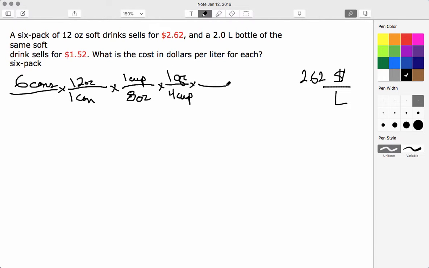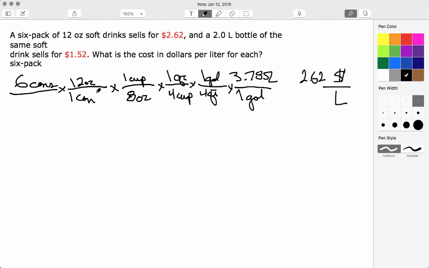There are 4 quarts in 1 gallon, and 1 gallon is 3.785 liters, and that's in your book too.